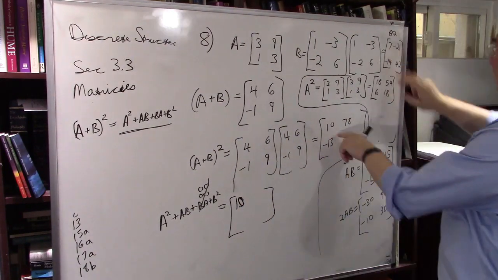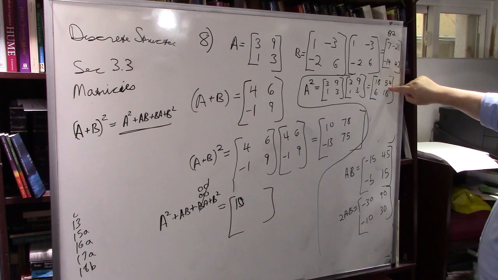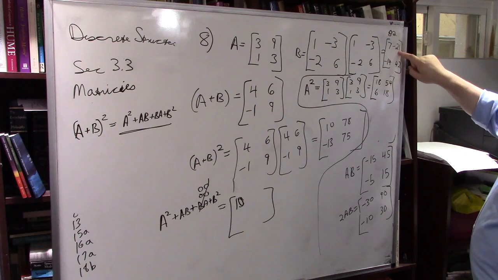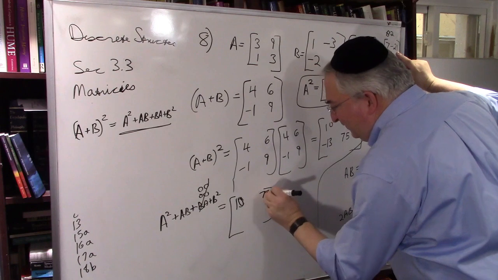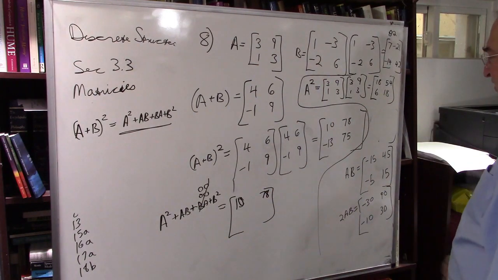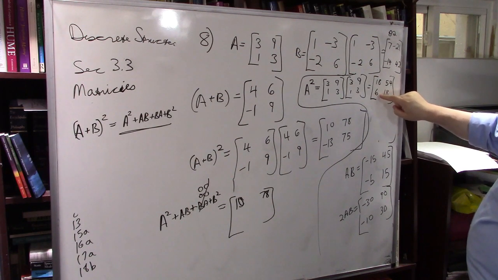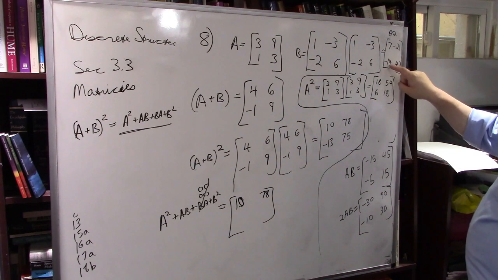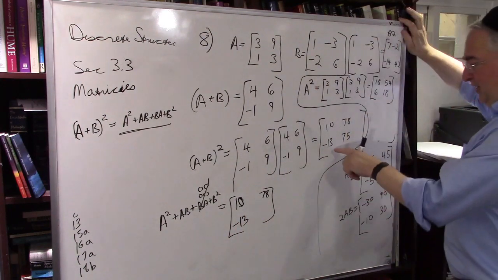That's exactly what we have here. Next, A squared. Let's do 54 plus 45. That's 99. Plus minus 21. 99 minus 21 is 78. Exactly. I love when things work out. You ready? 6 plus minus 5 is 1 plus minus 14. 1 plus minus 14 is minus 13, which is exactly what we had here.